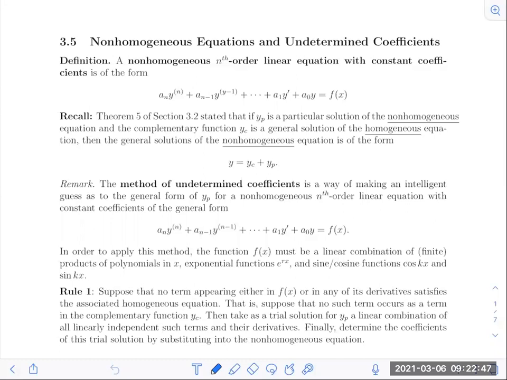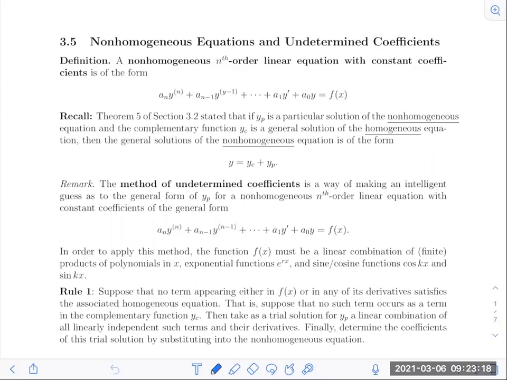In 3.4, we were talking about different applications, specifically mechanical vibrations, and how we can use those homogeneous differential equations to model those solutions. It's natural in our progression here to now begin discussing how to solve non-homogeneous differential equations. I want to remind you the difference between a homogeneous DE and a non-homogeneous DE is that on the right-hand side, a homogeneous differential equation has 0.